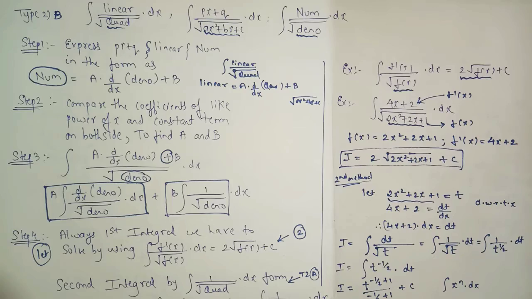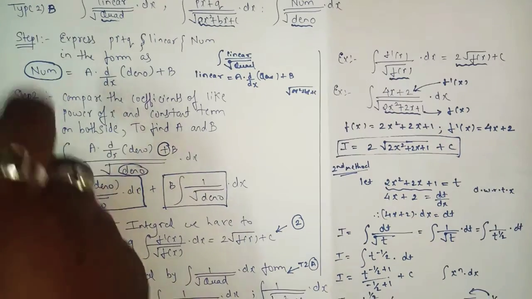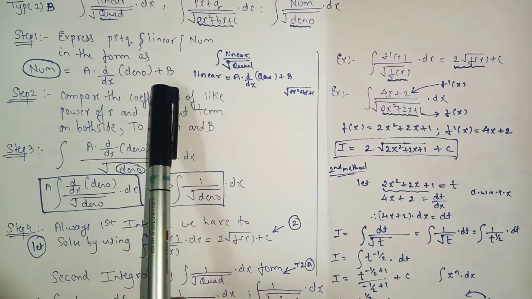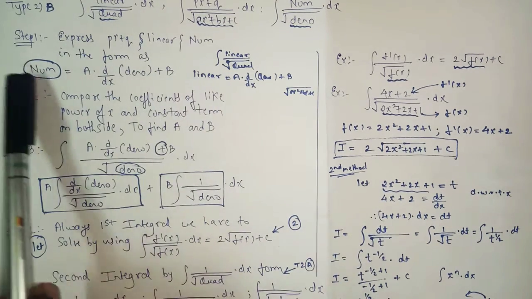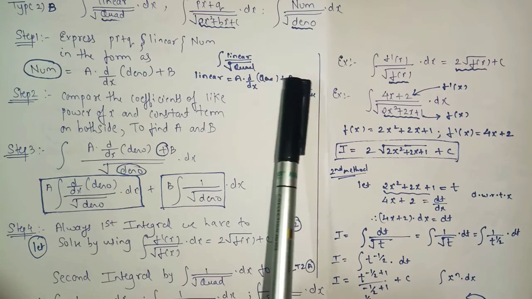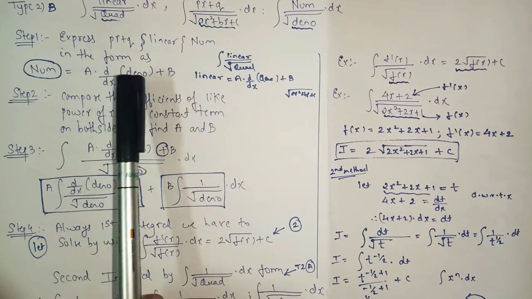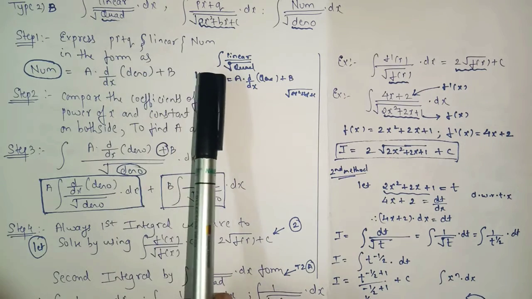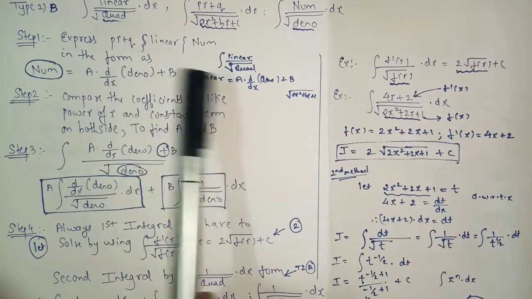Like in type number 2b, step number 1 is: numerator equals a derivative of denominator plus b, or else you can remember this format as linear equals a derivative of quadratic plus b. It is up to you, whichever you feel is easy, you can remember it that way.